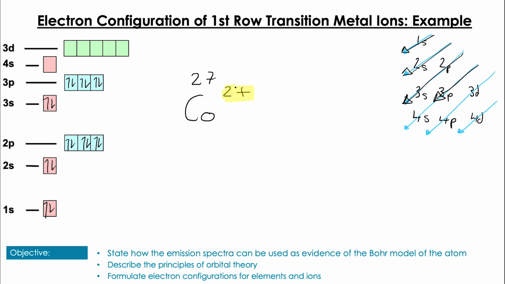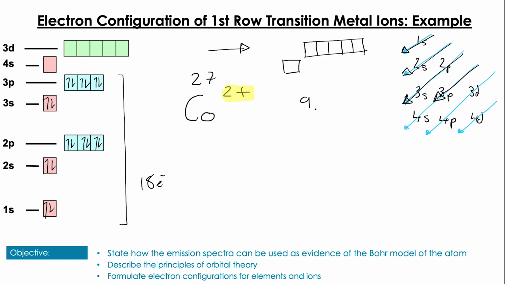But if we just write out the full electron configuration of cobalt without the charge first, so to write these top 2 shells, then we have our first 18 electrons, we have 9 electrons remaining, so we're going to have 4s2, and then we're going to fill in our d and have 3d7.